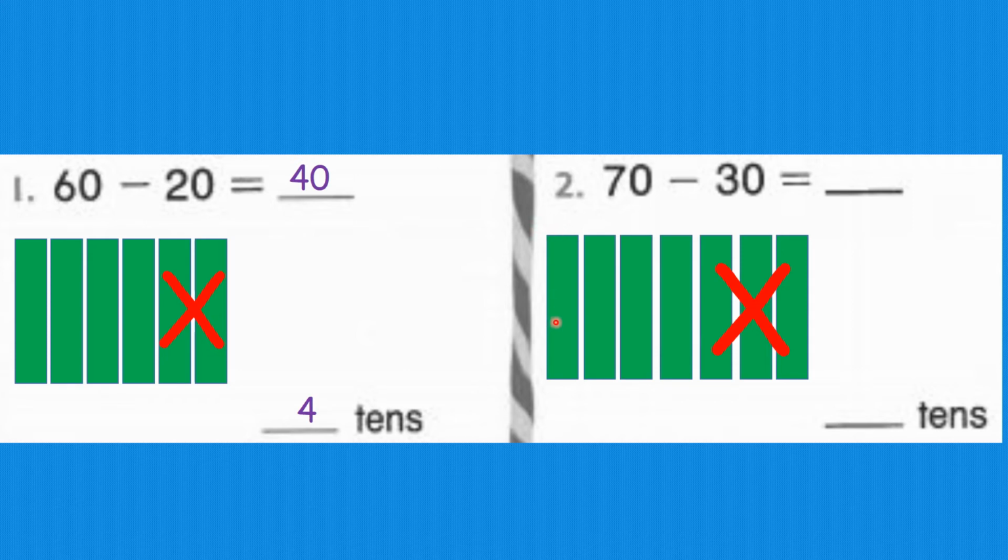I started with 7 tens, and then I got rid of 3 tens, and that left me with 4 tens. So 70 minus 30 equals 40, or 4 tens. That's kind of cool. Two completely different sets of numbers, but they have the same difference.